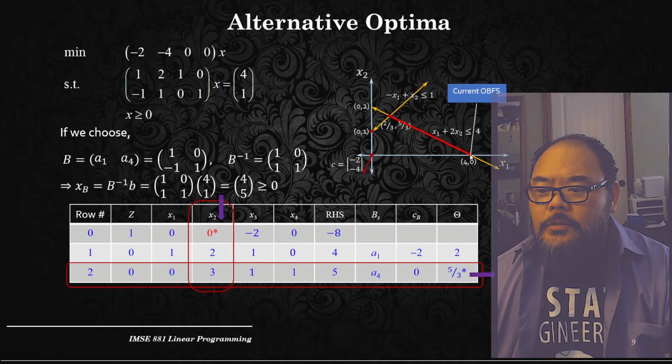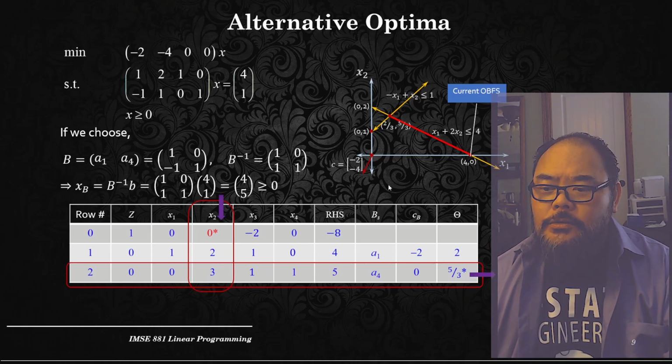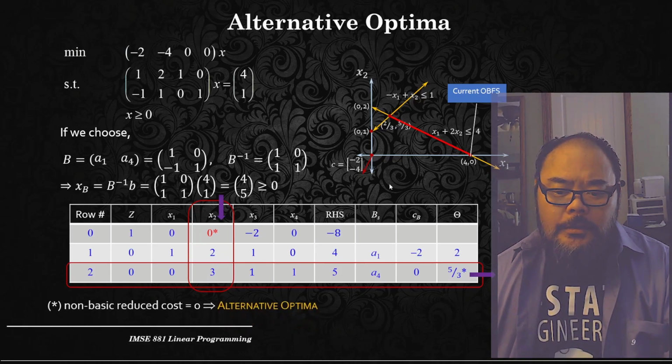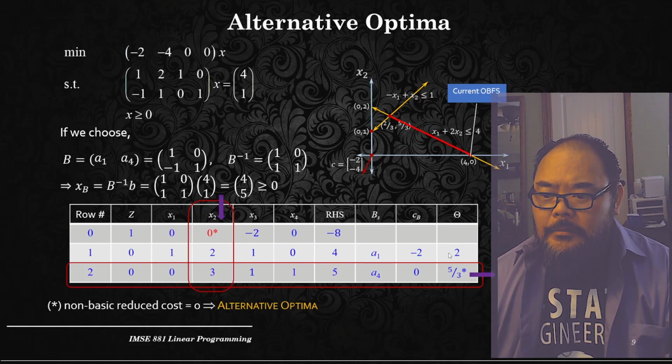From this tableau, we have two extreme points, both of which are optimal basic feasible solutions, and every point in the convex combination between these two points is also an optimal solution. Since the reduced cost equals 0 and we have a positive minimum ratio test, we know an alternative optimal solution exists.